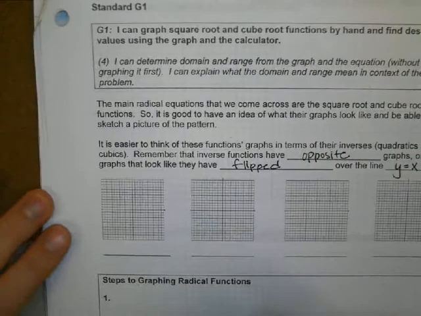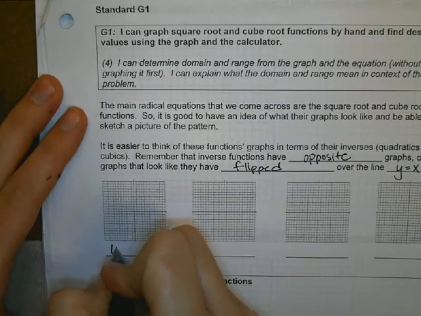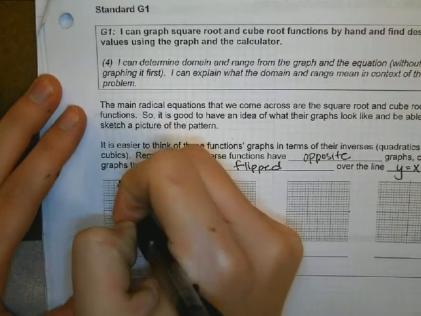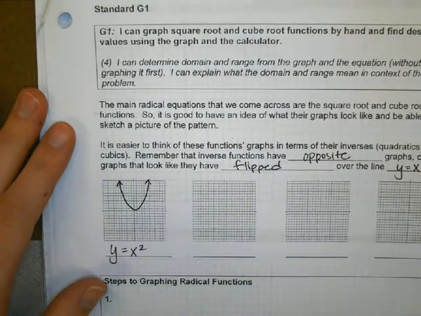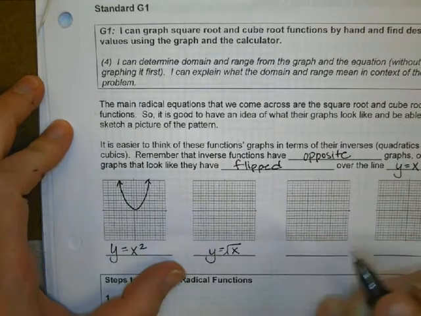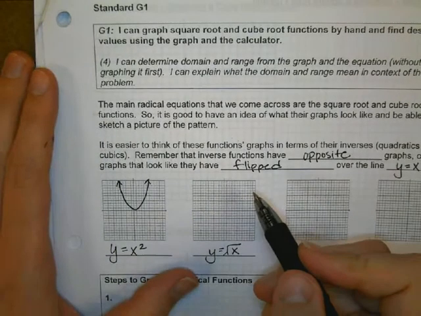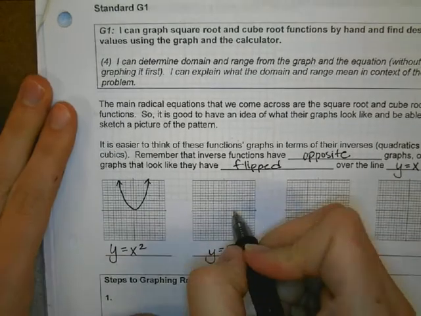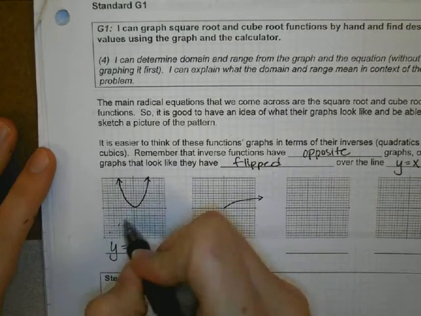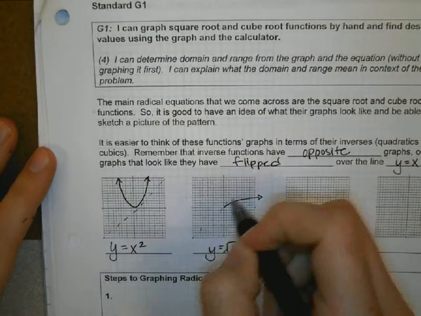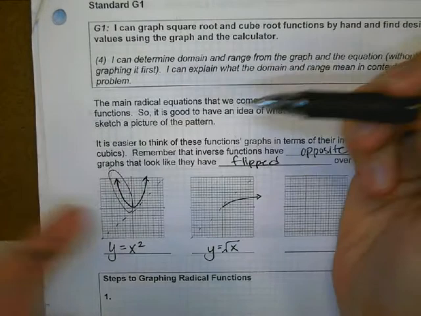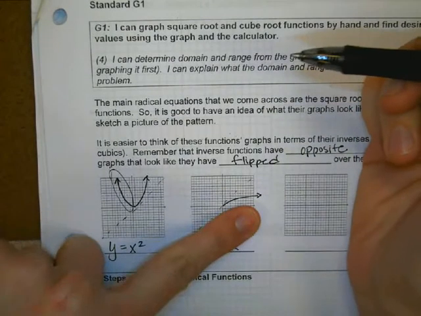For example, with a quadratic, y equals x squared, the rough sketch of what that graph looks like that. Its opposite function, which is the square root function, looks like this. So if we were to draw that line in, it does look like this piece of this graph flipped over that line to get our new function.